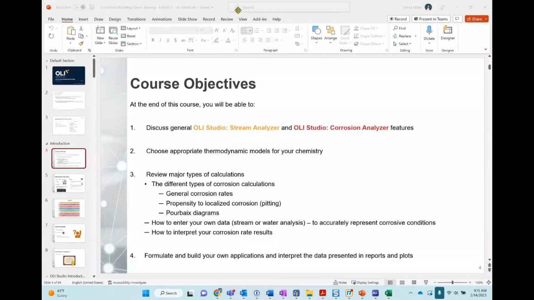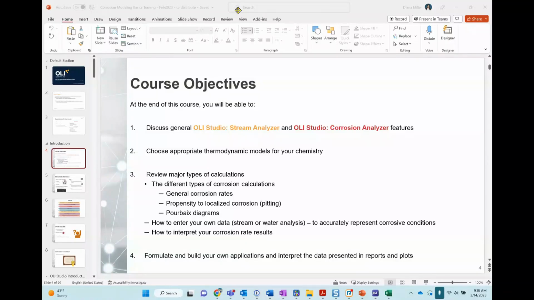I did a PhD in corrosion engineering here in the US at the University of Akron. I have been doing simulation since I graduated, helping clients around the world who ask how to solve their corrosion problems in oil and gas, now geothermal, and also metals and mining, different industries where they are seeing corrosion issues.